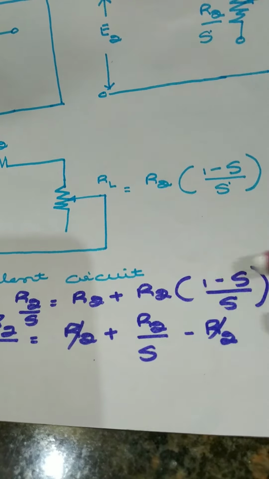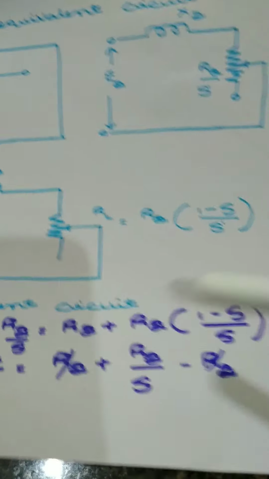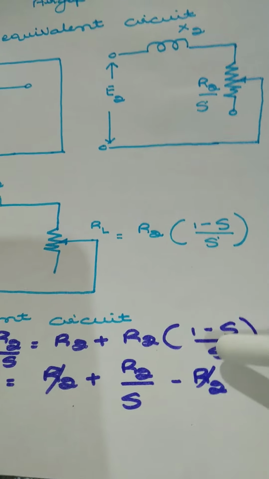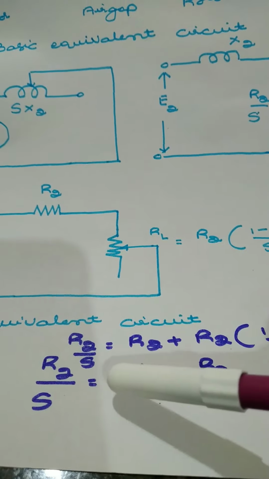So R2 by S can be split like this: R2 plus R2 into 1 minus S by S. The value does not change.